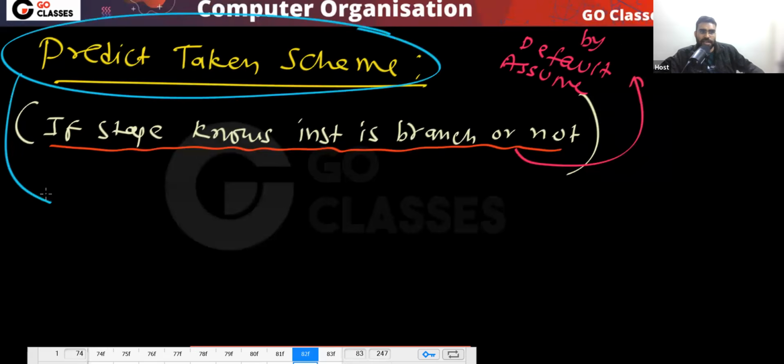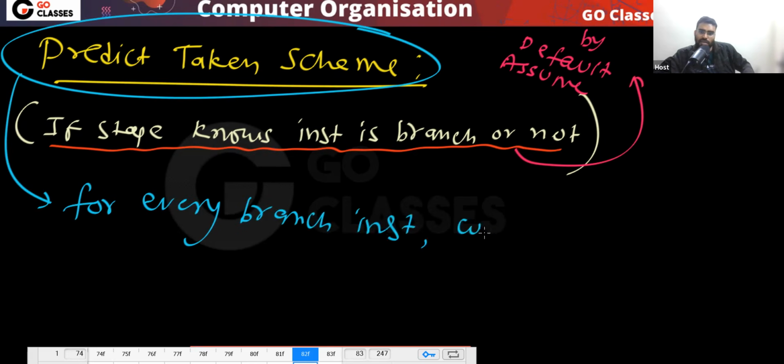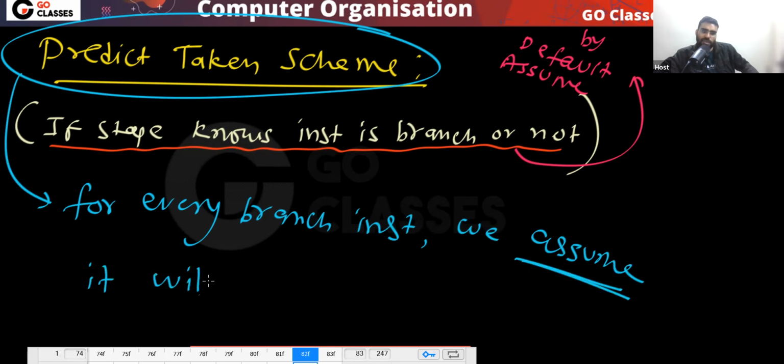This scheme says that for every branch instruction, we assume it will be taken. We assume it will always be taken. It will always go to the target address, without checking.